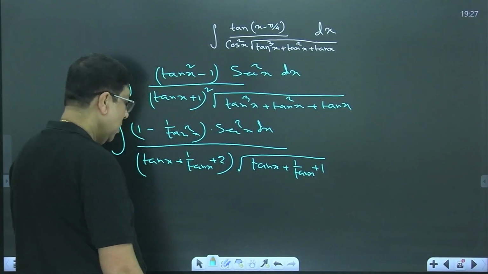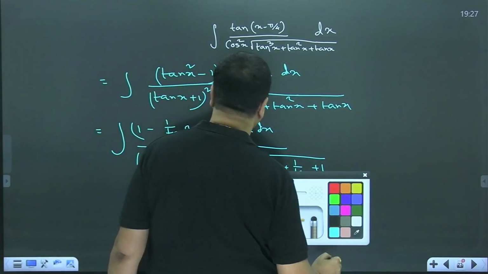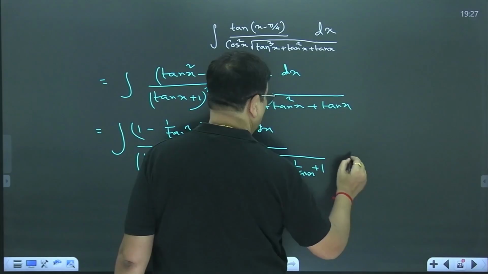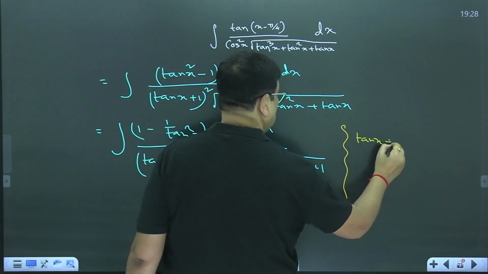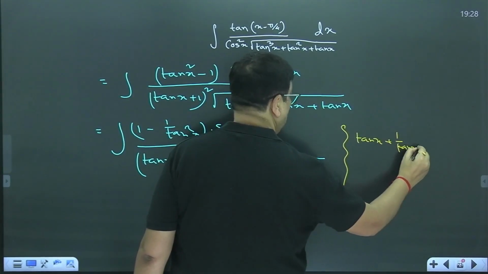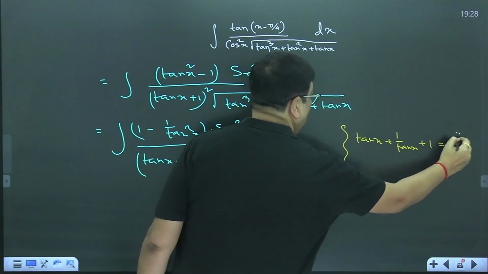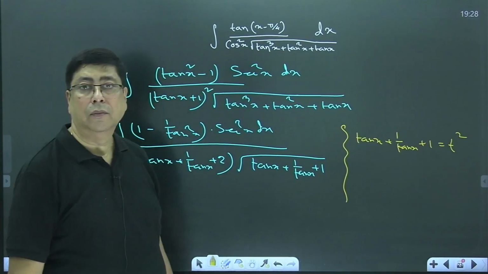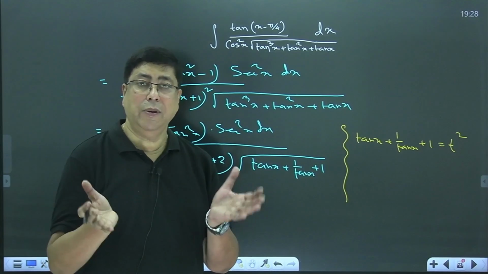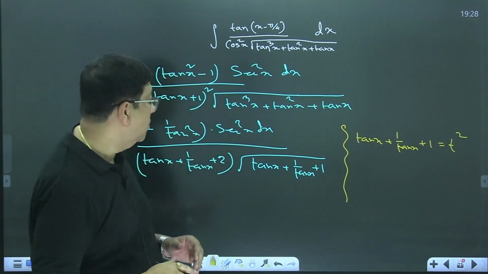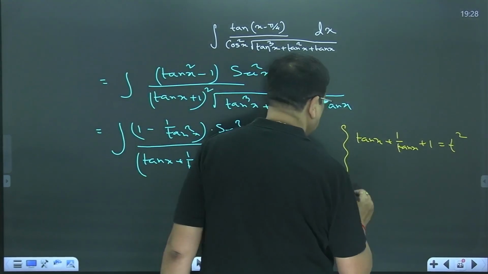Now our work is almost over, so it is easier for us to understand. What we'll do now, I am just taking tan x plus 1 by tan x plus 1 equal to t square, because its derivative is present. So always we have to think whose derivative is present in the sum. So the derivative of tan is sec square x.